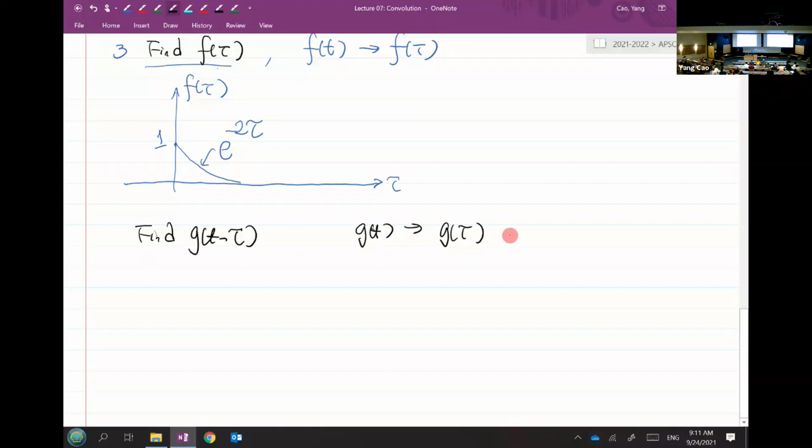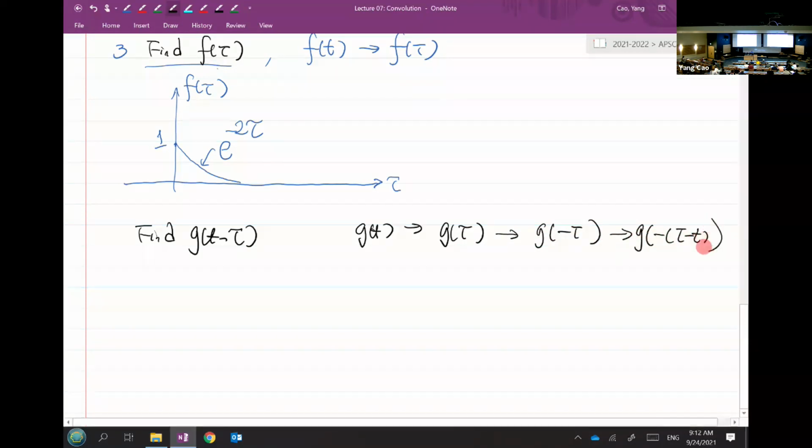Once we get this, we do a reflection, g of negative tau. We've done this in the first tutorial. When you have a function of tau and you put a negative in front of tau, that graph will be reflected about the vertical axis.